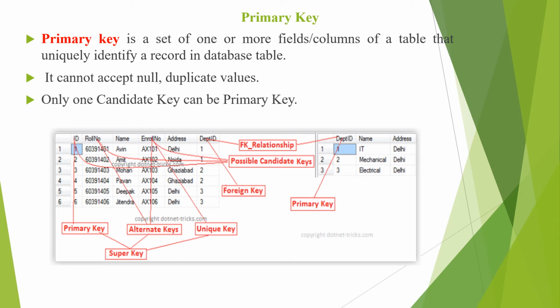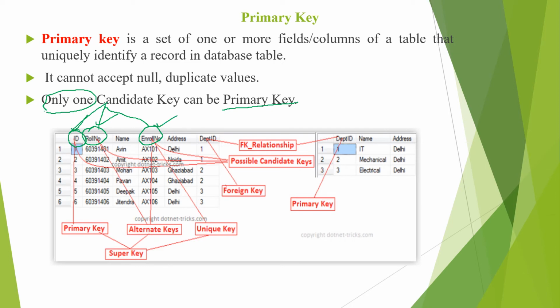For example, from this diagram you can see there are three candidate keys: ID, roll number and enroll number. These three together we call candidate keys. Only one candidate key can be a primary key. Either ID can be a primary key, or roll number can be a primary key, or enroll number can be a primary key.